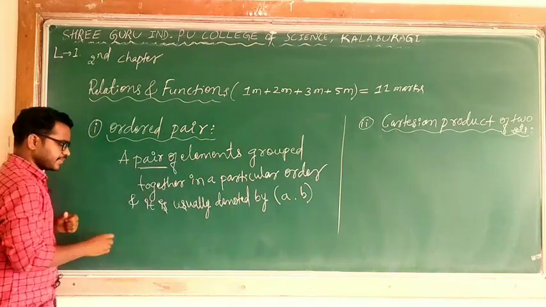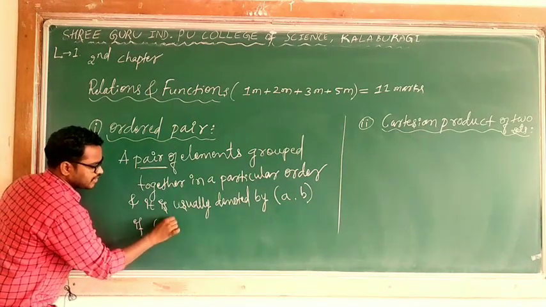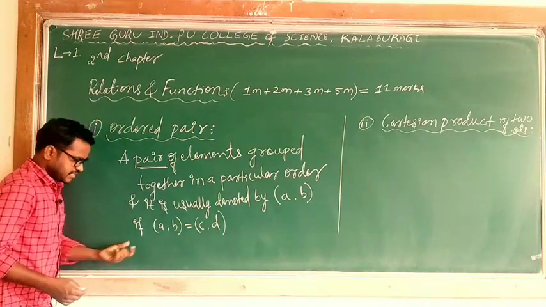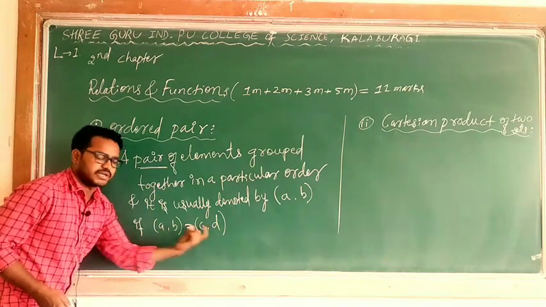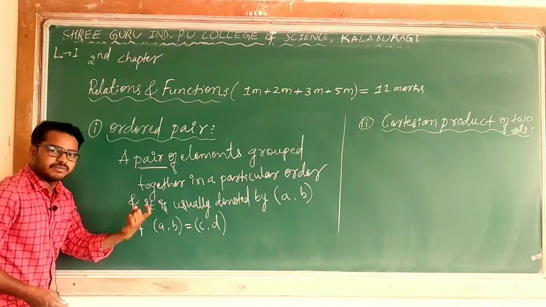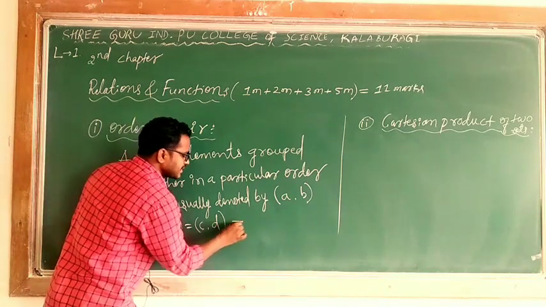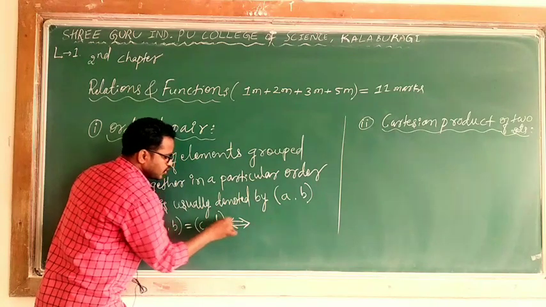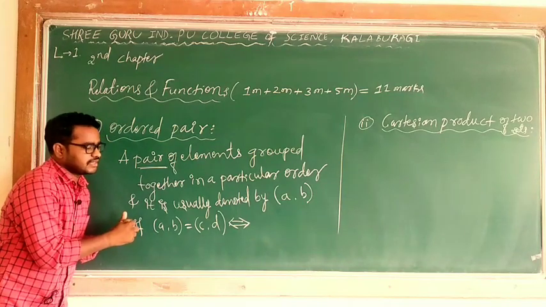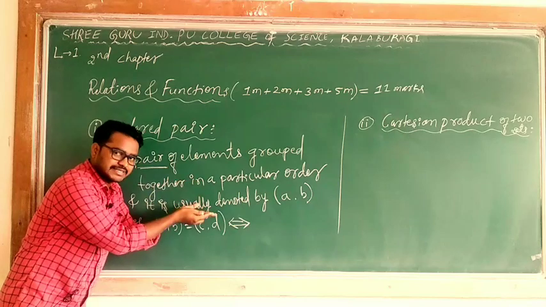For example, if (A, B) is equal to (C, D), listen to me: this is one ordered pair, this is another ordered pair. If these two ordered pairs are equal, it implies, both sides, if and only if. This symbol indicates if and only if, meaning that when the LHS holds you get the RHS, and if the RHS holds then the LHS holds.